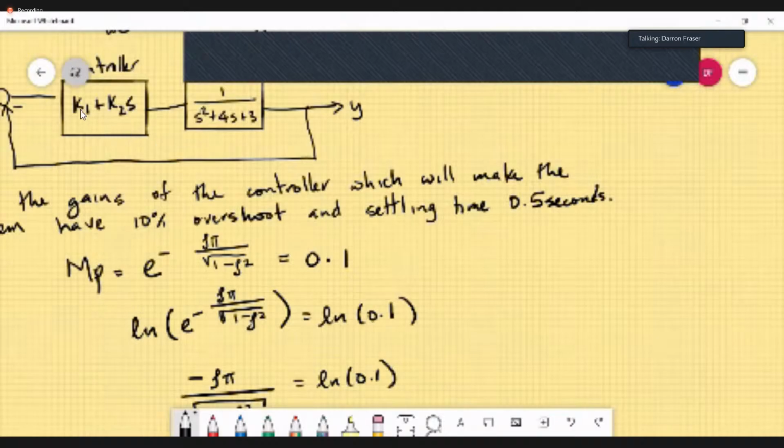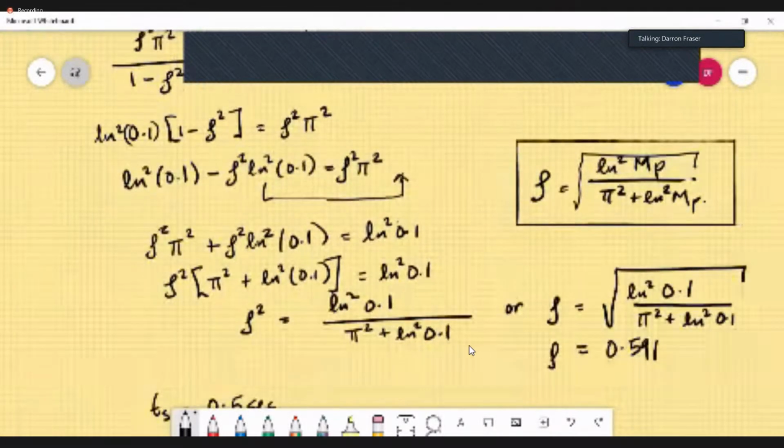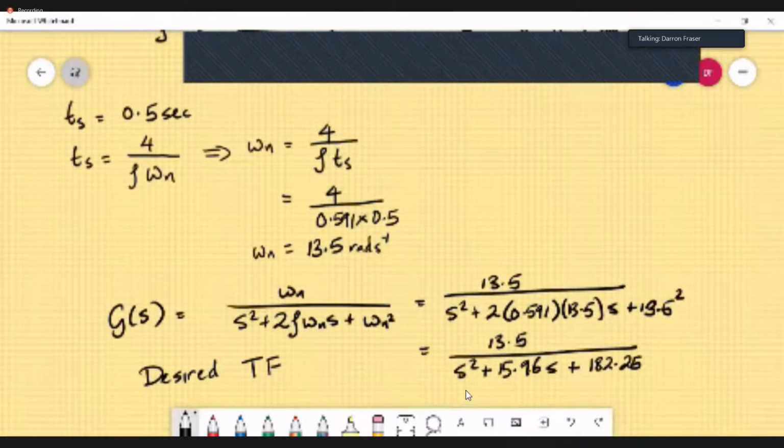So what we are going to be doing is using the gains K1 and K2 to transform this system into this system that we want down here. So the K is going to be such that it changes the values on our system.